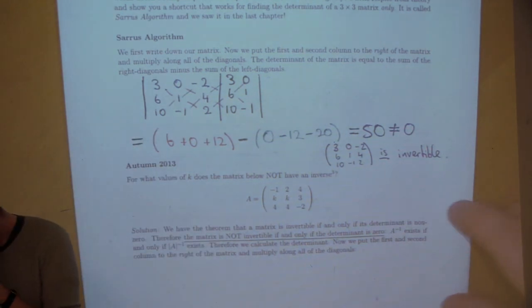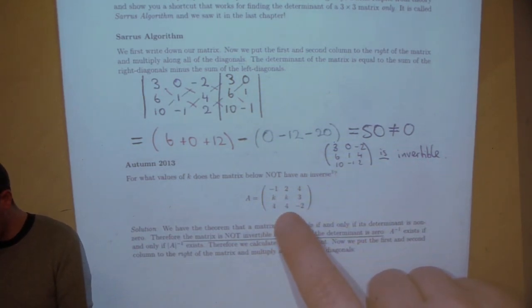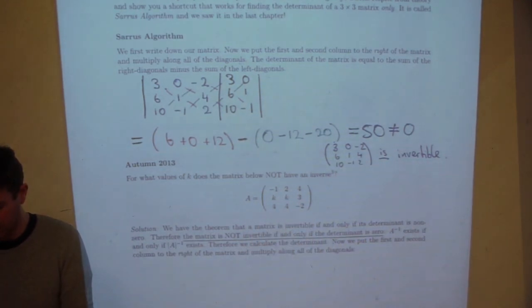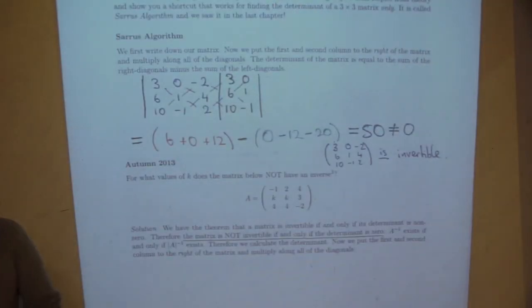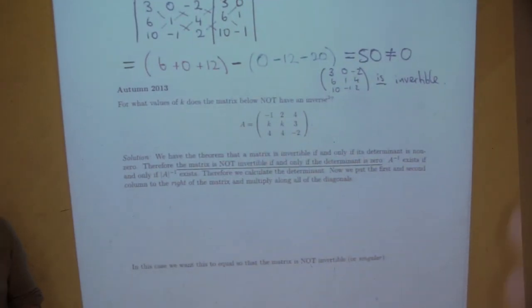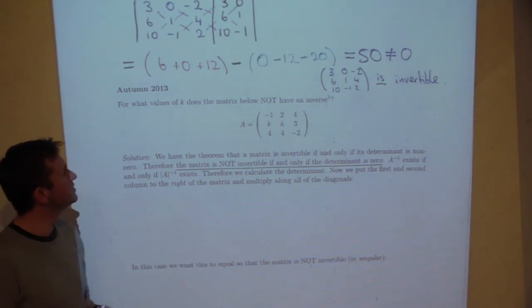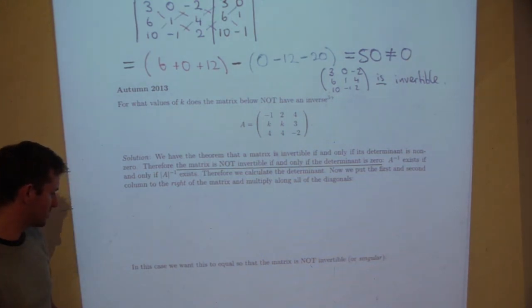Okay, so this is what an exam question would look like, one that I would give you. For what values of k does the matrix below not have an inverse?